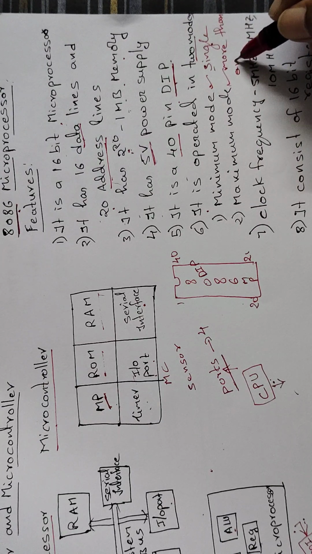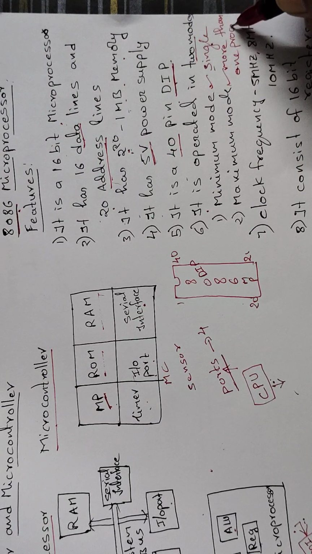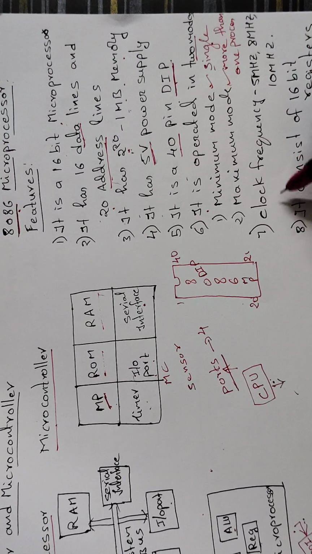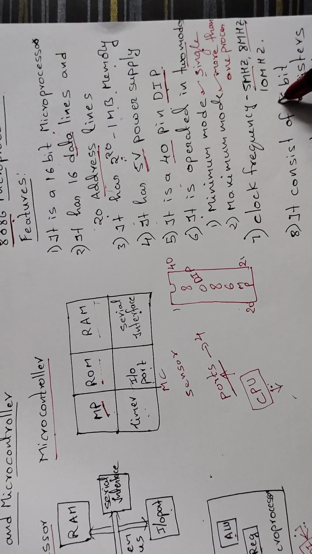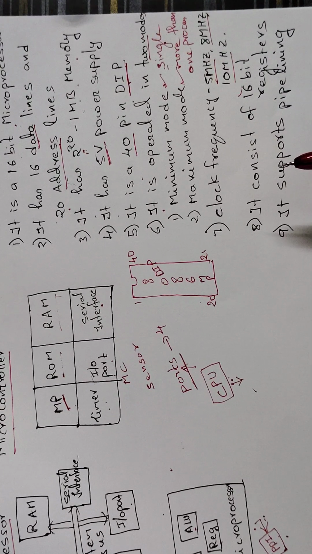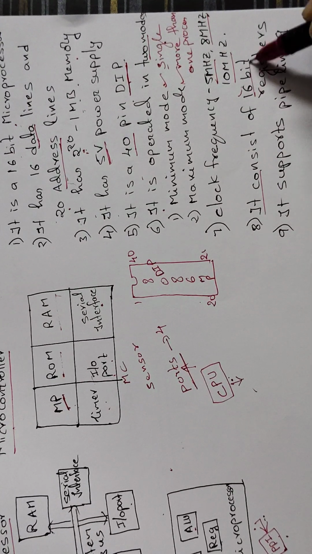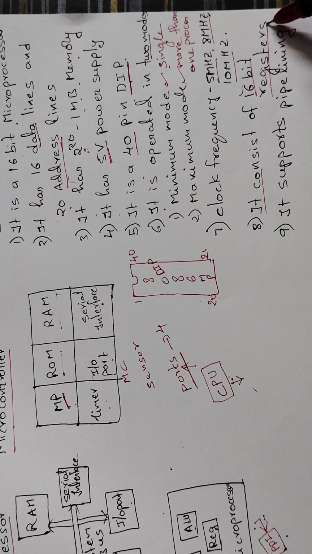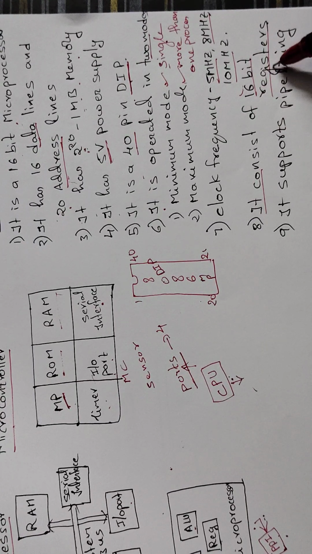It is available in clock frequencies of 5 MHz, 8 MHz and 10 MHz. It also consists of 16-bit registers. There are different registers in the 8086, all of size 16 bits. It also supports a pipelining architecture.